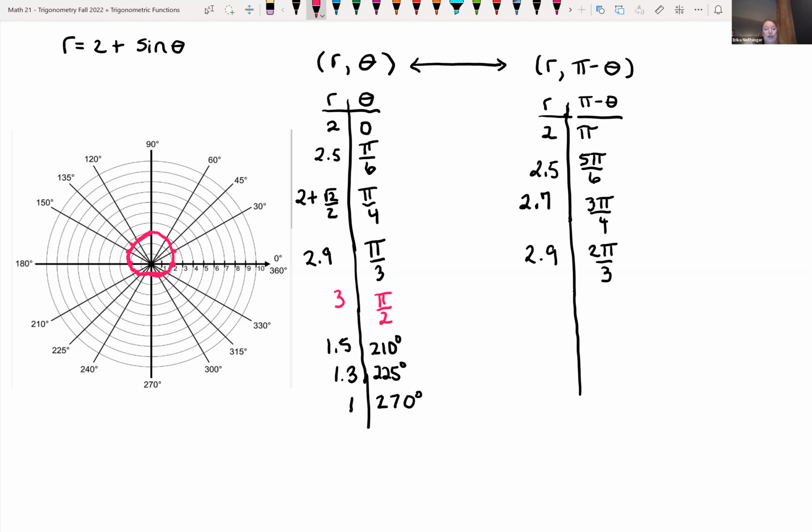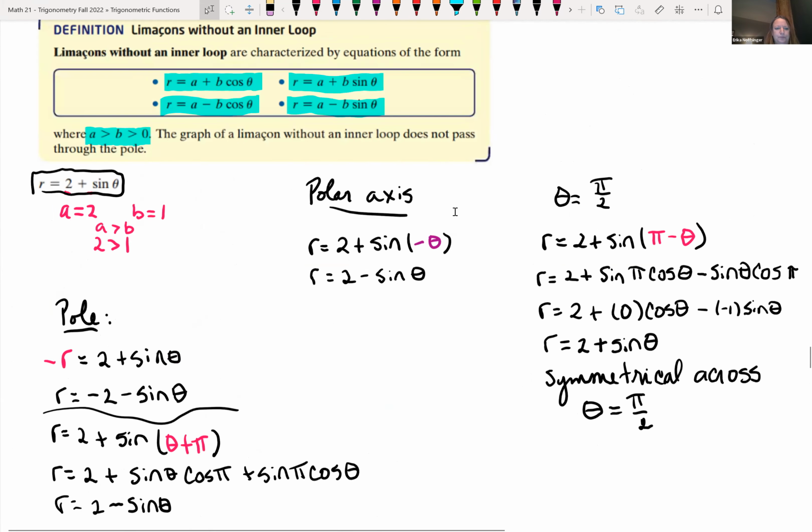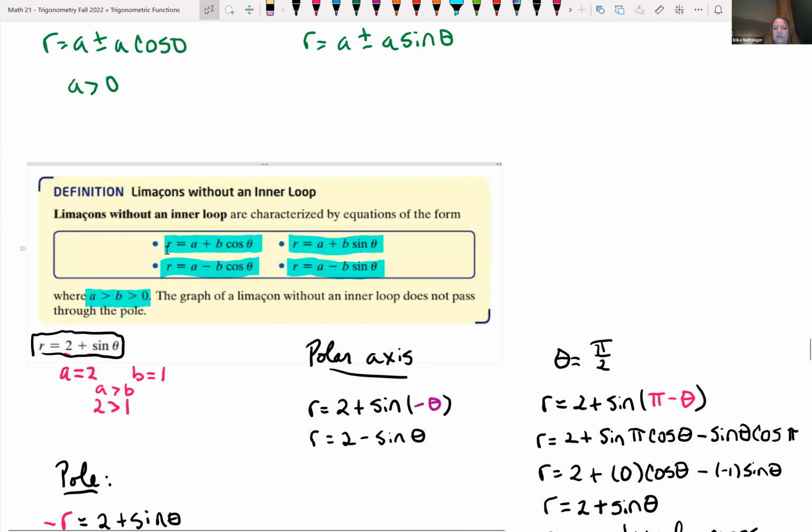So there's what our limaçon curve looks like. And so now let's look at the definition or theorem about these limaçon curves. I think actually I already did that, didn't I? Yep.